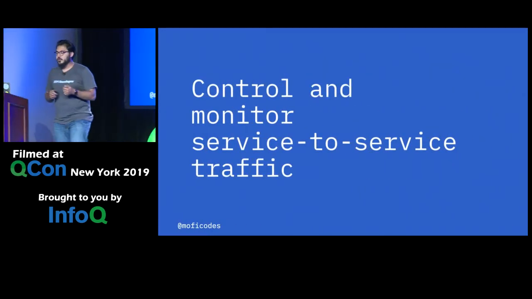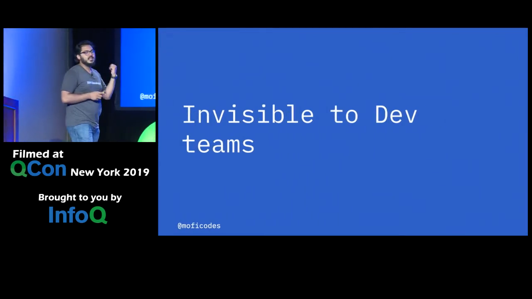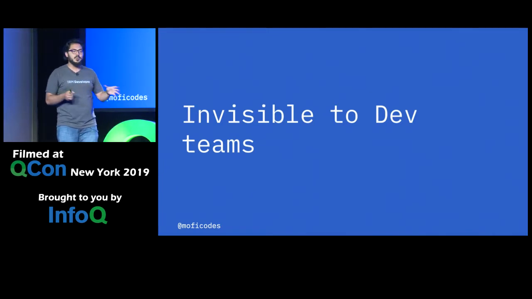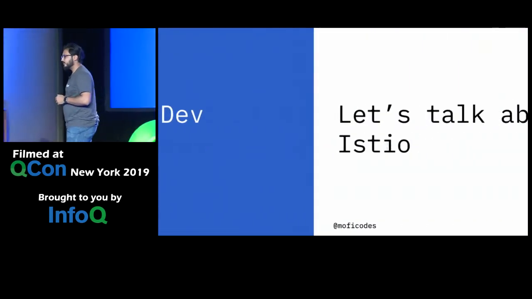It allows you to control and monitor service-to-service traffic. And finally, and this is the best thing, if you're using a service mesh in your application in Kubernetes, your dev team wouldn't necessarily need to know what service mesh is doing for your application. They will just write their application exactly as they were writing it, and service mesh will happen on the network level, on the outside of your application.